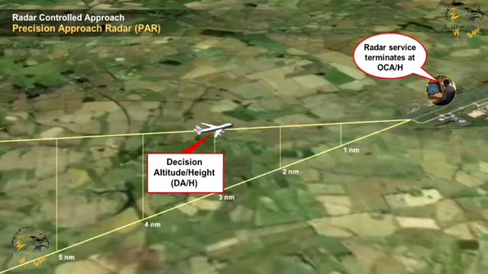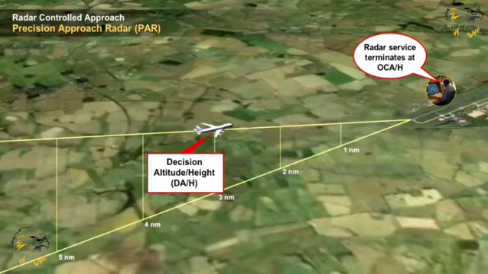At OCAH, the pilot will be informed that radar service is terminated, although distance to touchdown and position relative to the ideal approach path should continue. Because the information is passed in the form of a continuous talk-down, the pilot must stay on the precision approach radar approach frequency.